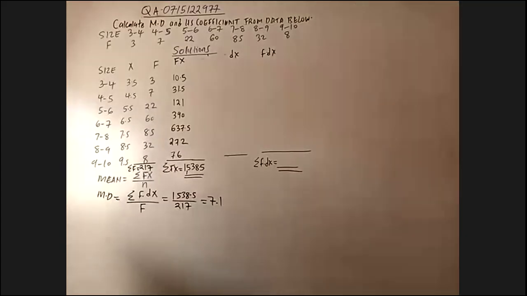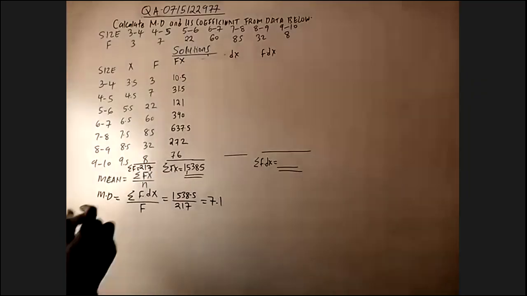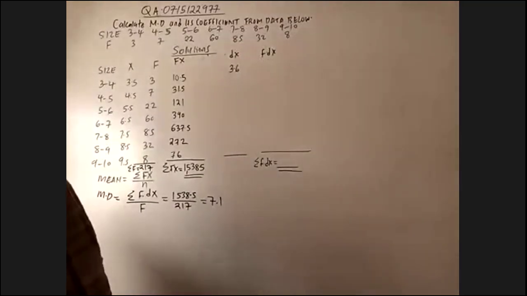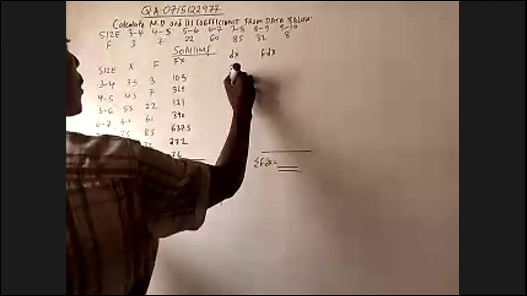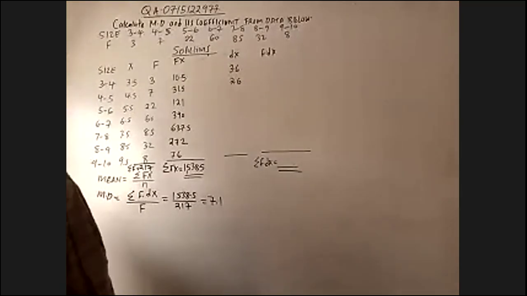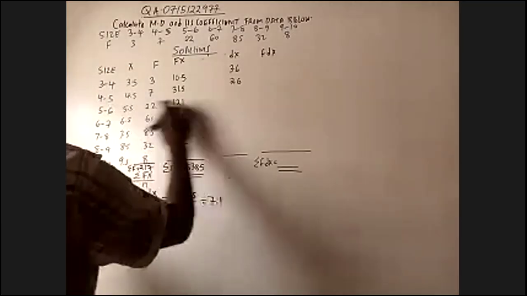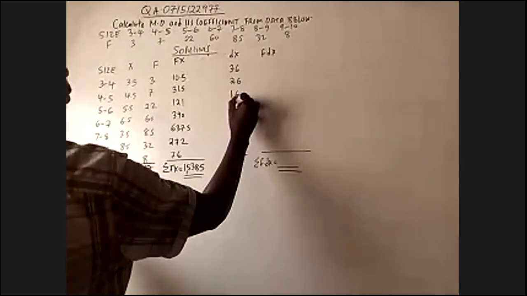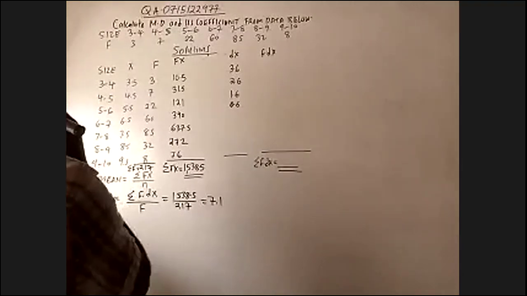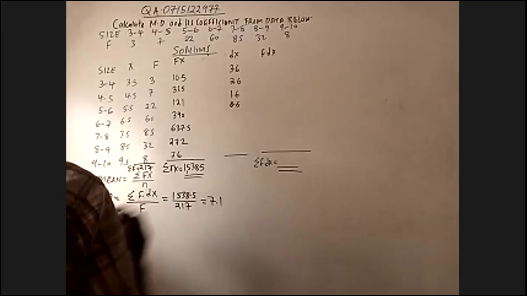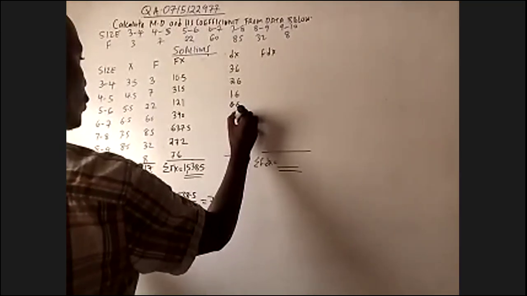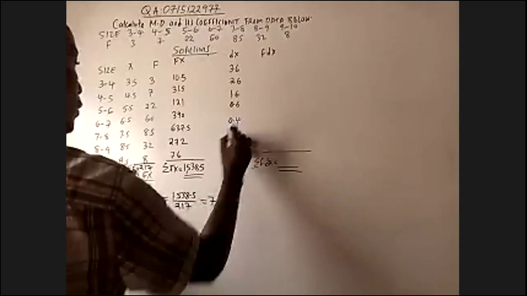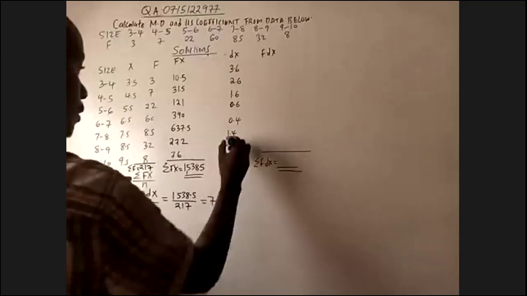We take the mean: 3.5 minus 7.1 is 3.6. 4.5 gives 2.6. 5.5 gives 1.6. 6.5 gives 0.6. Remember to ignore the negative. 7.5 gives 0.4. 8.5 gives 1.4. 9.5 gives 2.4.